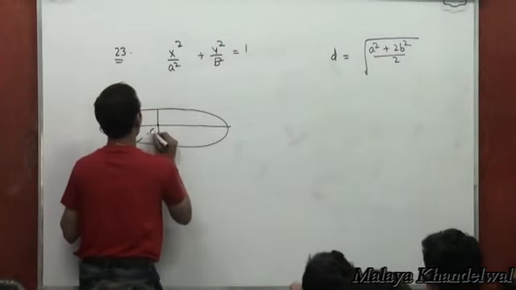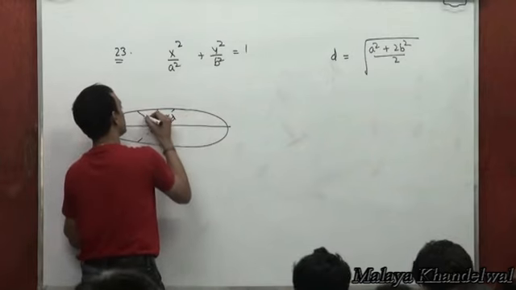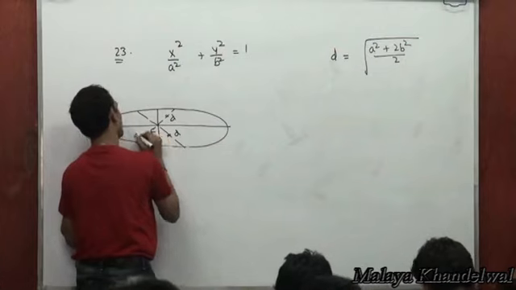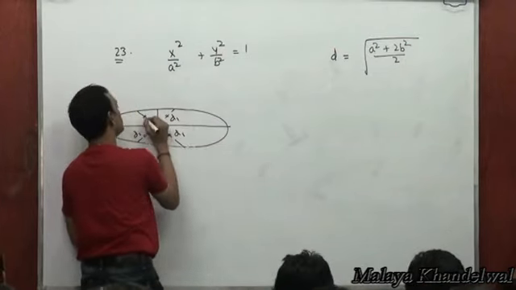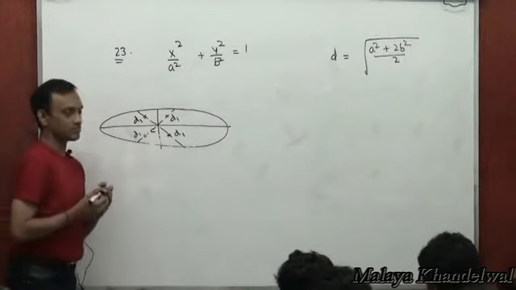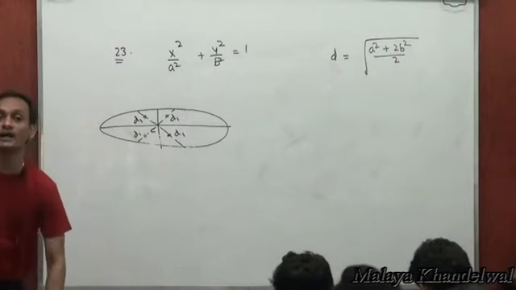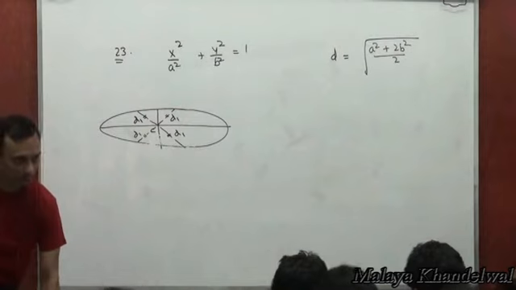In general, forget that d, call it d1. If someone gives you a distance d1, then in general you can find 4 points on the ellipse at a distance d1 from its center. Yes or no?